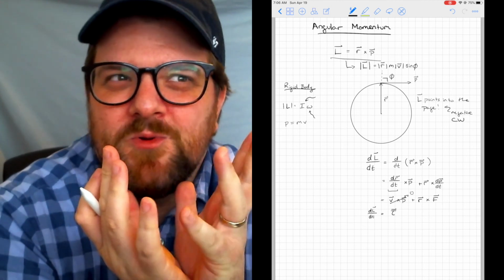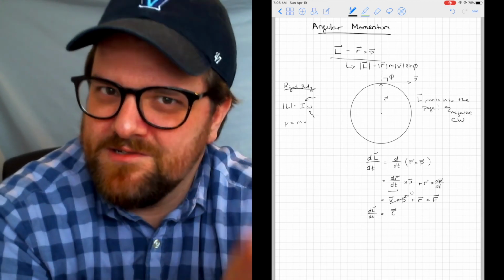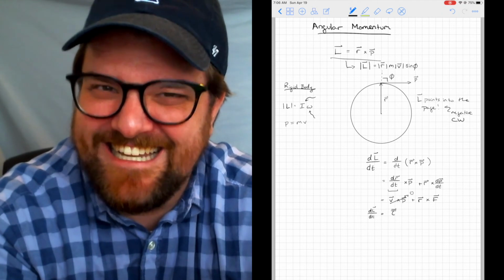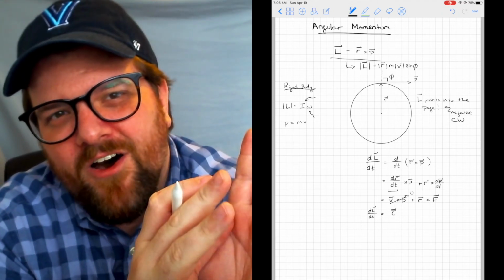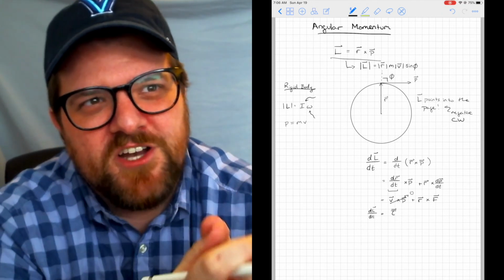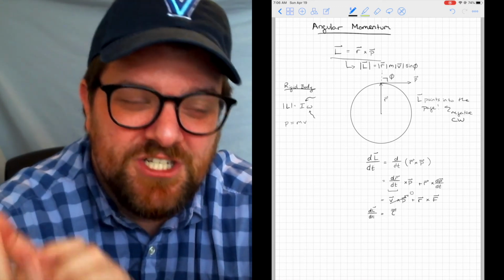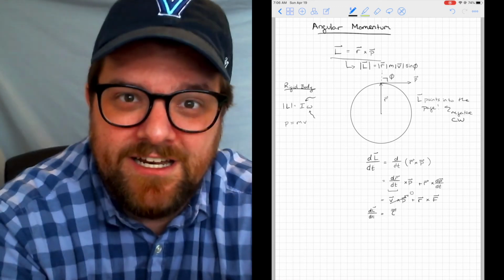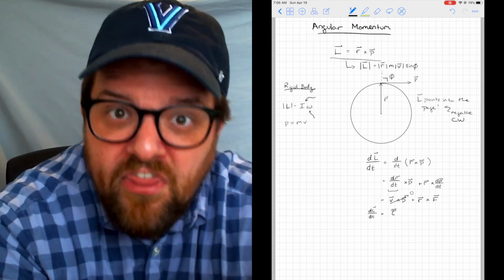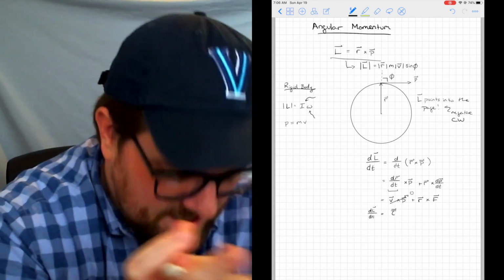There's something so cool about everything being so self-contained and self-consistent, right? Almost all of our linear expressions can easily be turned into angular expressions just by using the angular quantities of the same concept.